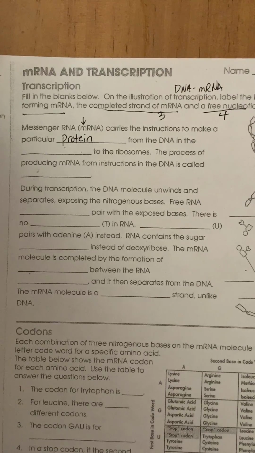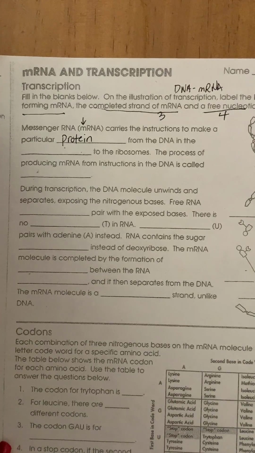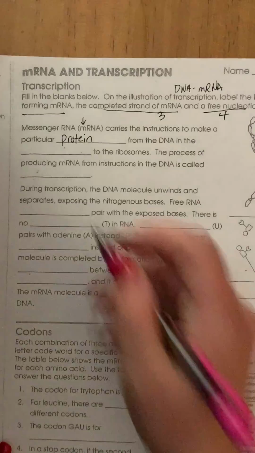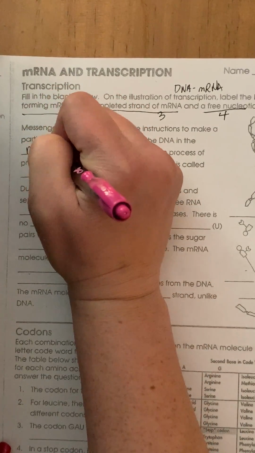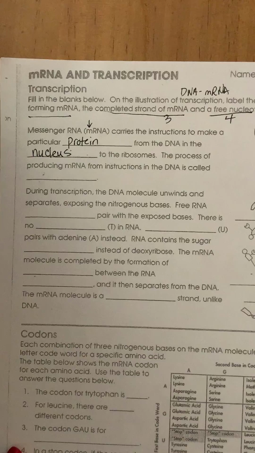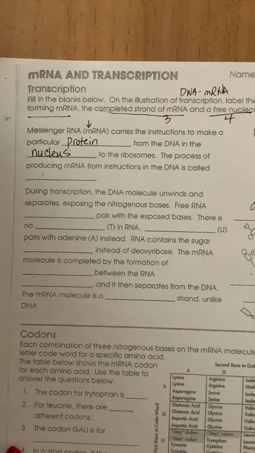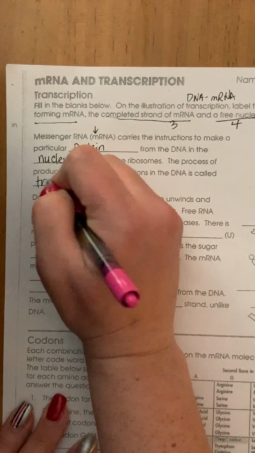So we've got to take that message or the instructions from the DNA in the nucleus to the ribosomes, which are either, remember, free floating in the cytoplasm or attached to the endoplasmic reticulum, the rough ER. The process of producing messenger RNA from instructions in the DNA is called transcription.